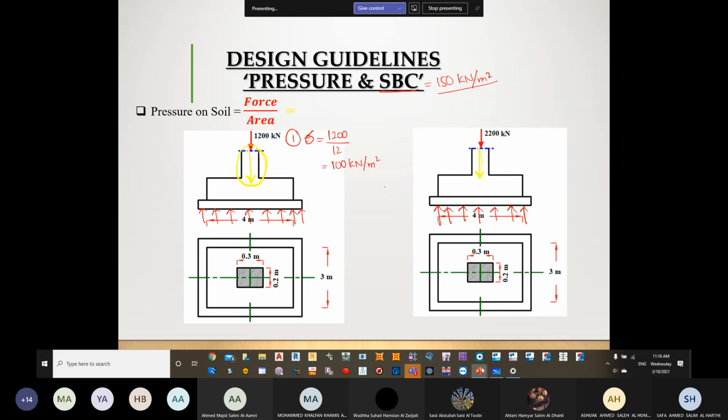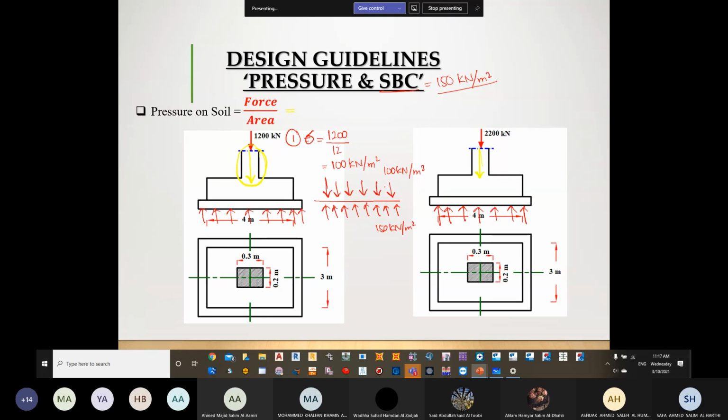So now what you are trying to tell me is that there is a pressure coming from the top, which is 100 kilonewton per meter square, and there is a safe bearing capacity. The soil can take up to 150 kilonewton per meter square.